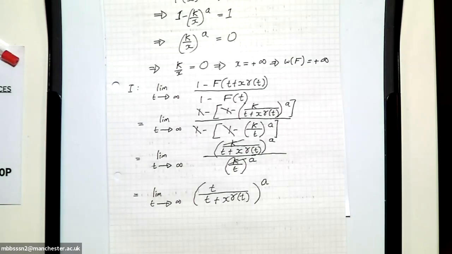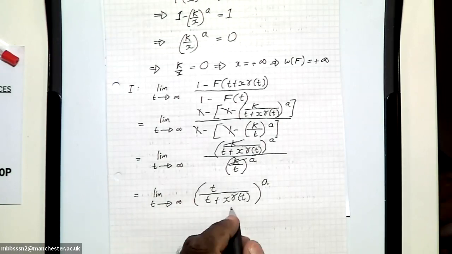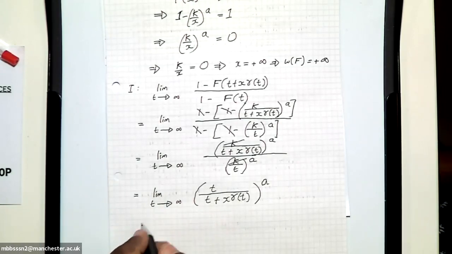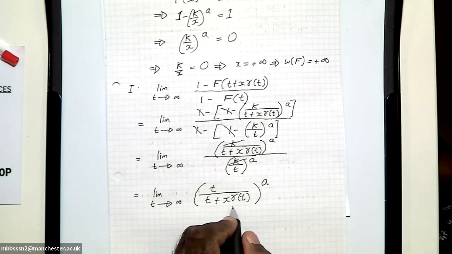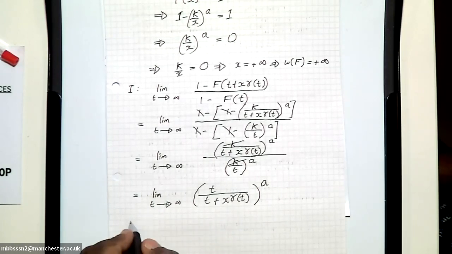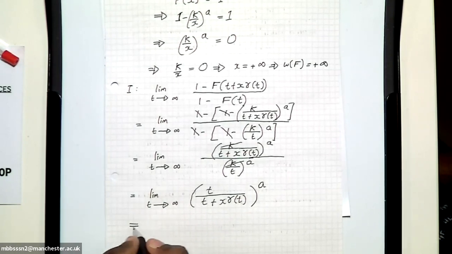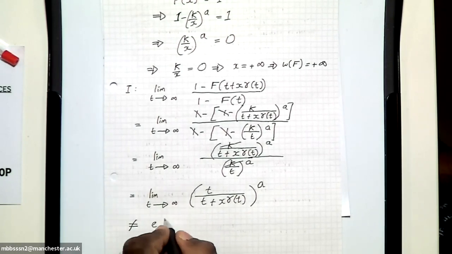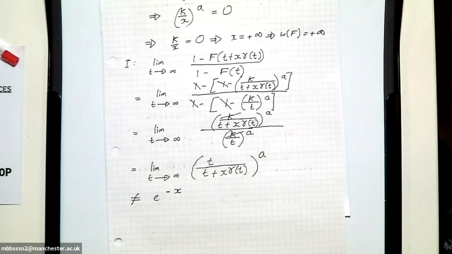Do you think it can be? There's no chance. It doesn't matter what you choose gamma of t to be, there's only one x here in the bottom. So there's no chance this is going to be equal to e to the minus x. That means F cannot belong to the Gumbel domain of attraction.